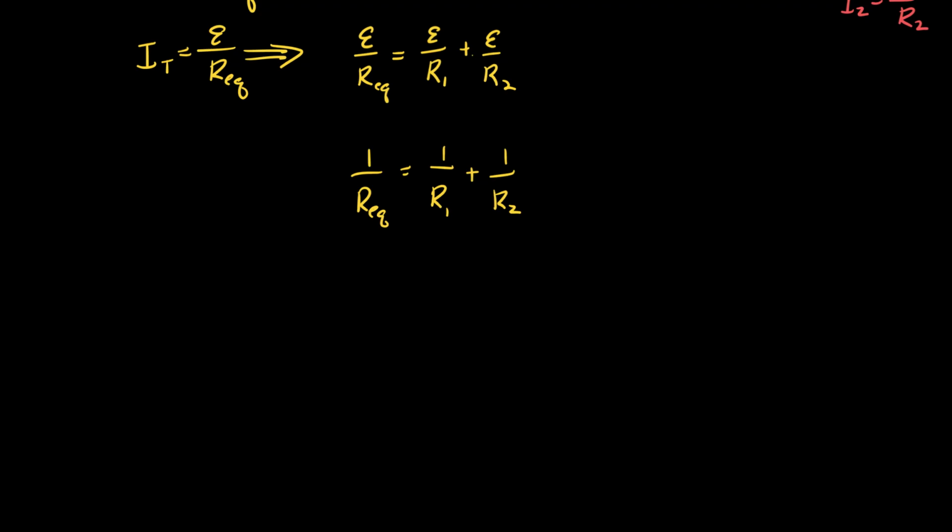Not a surprising result, so I guess we could write this as 1 over R equivalent equals the summation of 1 over Ri from i equals 1 to n. This would be for parallel systems. Okay? So, kind of have a standard now.